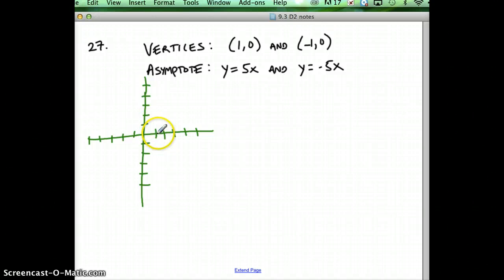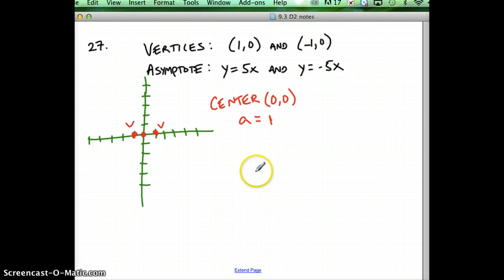We have a vertex at 1, 0 and at -1, 0. So right now I know that the center is smack dab in the middle of those, so the center is 0, 0. And I know that A is 1 because the distance from the center to the vertex is A, so that's 1.